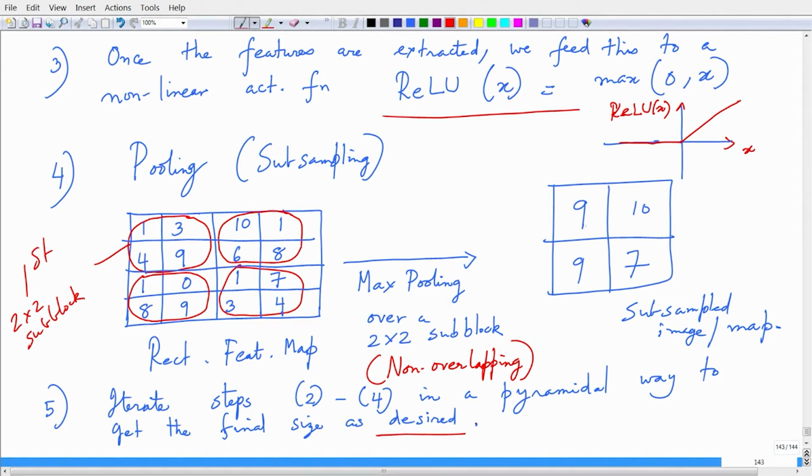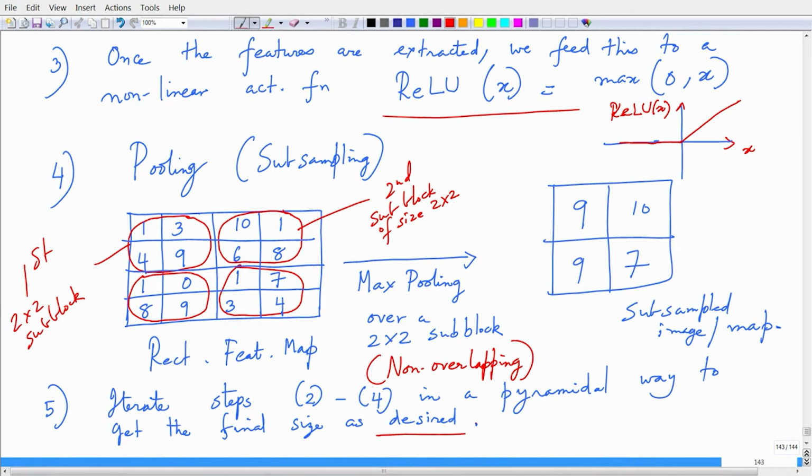I populate it here. Similarly, I take the second 2 by 2 sub block. This gives me a value 10, and I do this over the rest of the sub blocks, and I get a subsampled image.